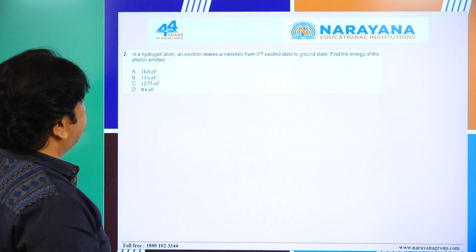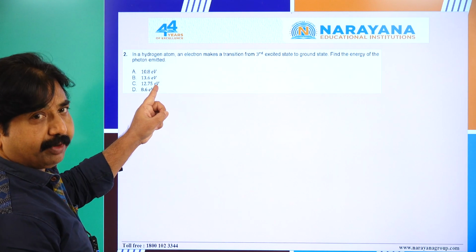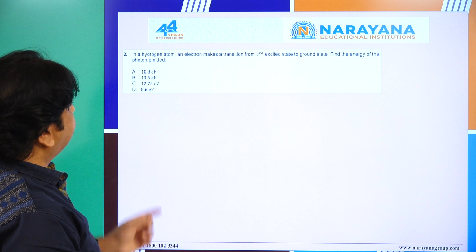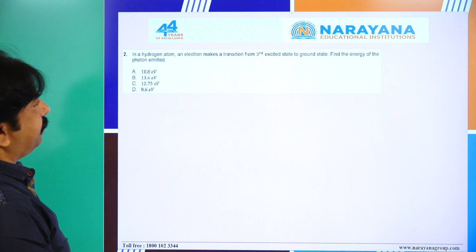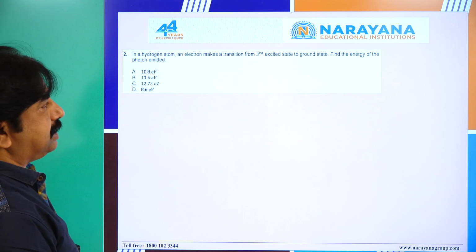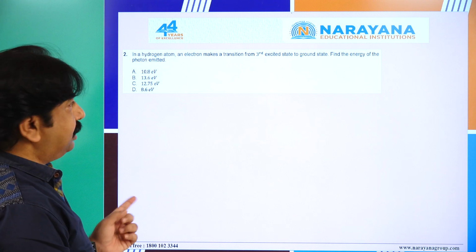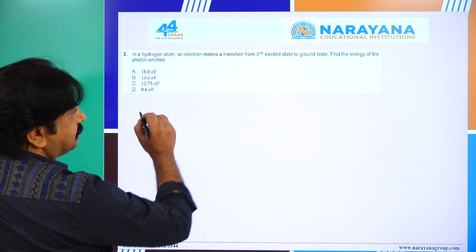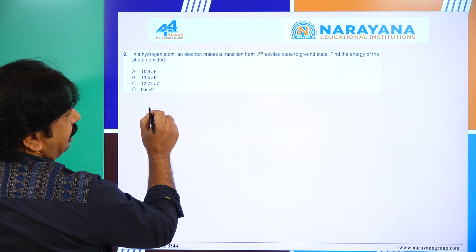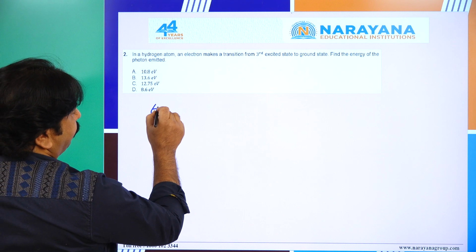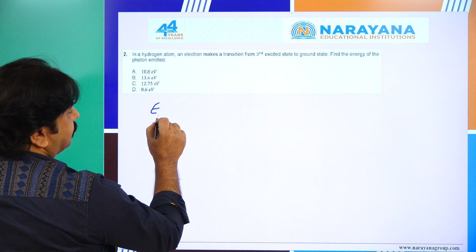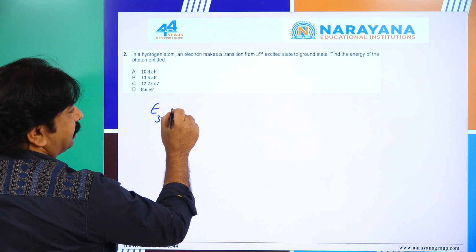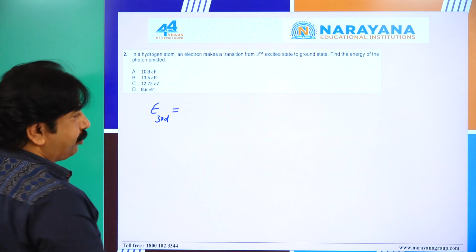So the second question is purely from atomic physics. In a hydrogen atom, an electron makes a transition from the third excited state to the ground state. Find the energy of the photon emitted. Now, the third excited state energy of the hydrogen atom, already we know, the corresponding n value is 4.